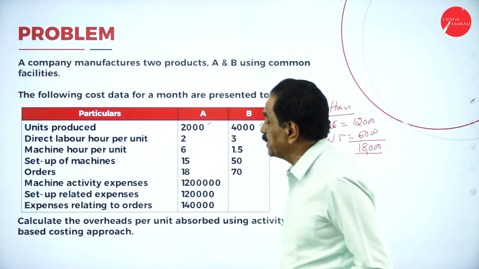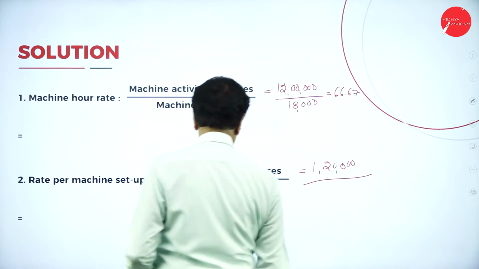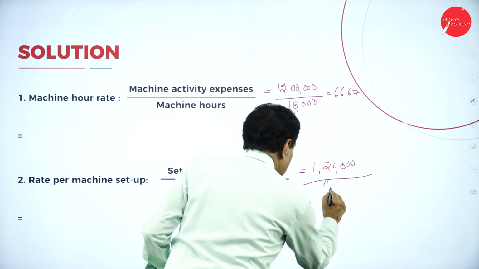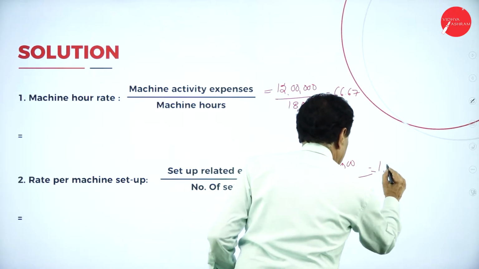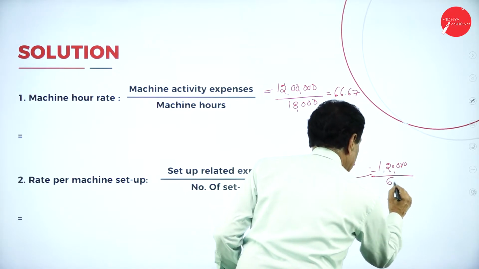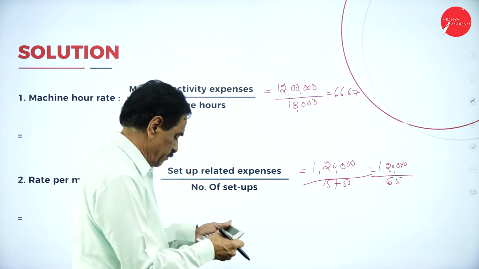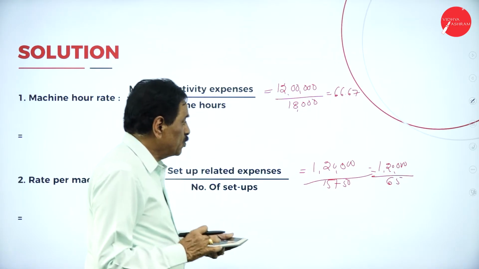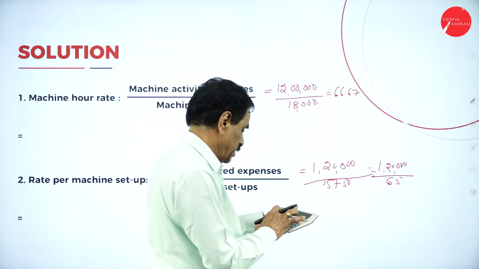Number of setups: see that, 15 plus 50 is 65. So this is 1,20,000 divided by 65.